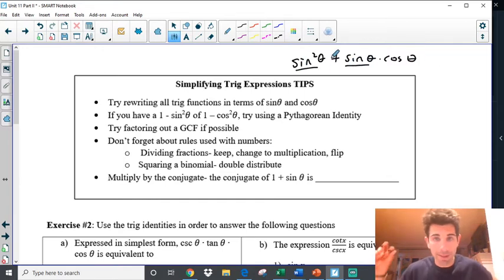This technically can get factored out, because they both have a sine there. If you have numbers, don't forget rules with numbers, dividing fractions, doing the flip, double distributing, conjugate is the same as doing sine theta here.